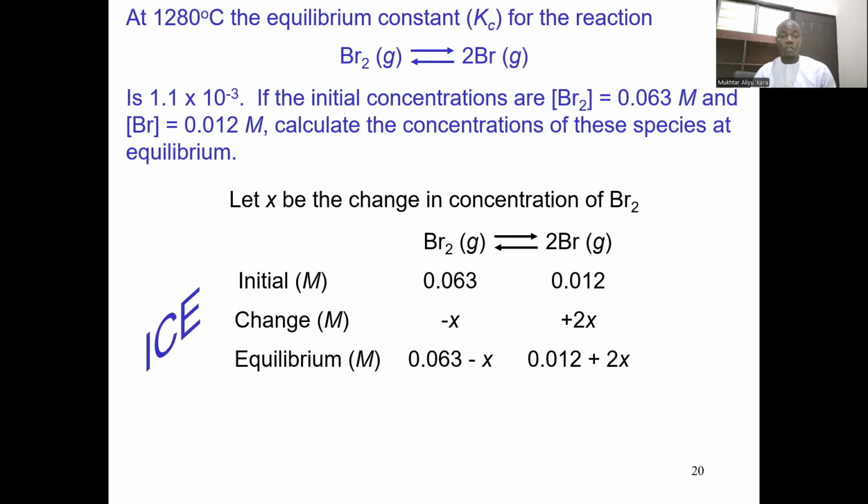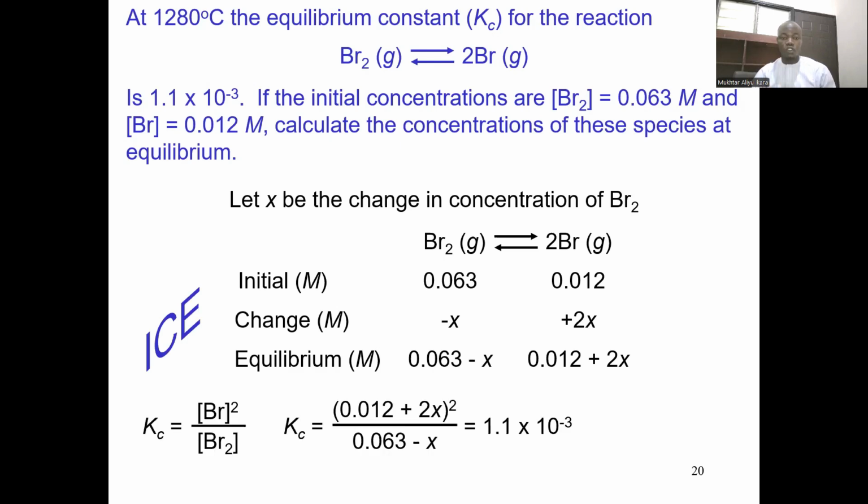After we have this, we are now going to have the equilibrium constant expression using our equilibrium concentrations. The bromide is going to be 0.012 plus 2X. Then we open and close bracket and we square it, because we have 2 molecules of bromide.